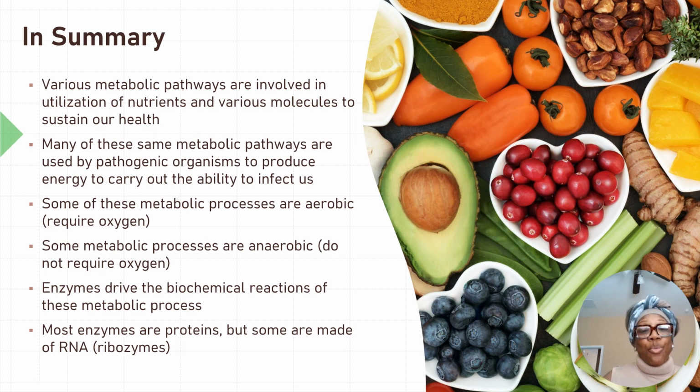Some of them are anaerobic, they do not require oxygen, as we saw in fermentation. Enzymes drive the biochemical reactions of these metabolic processes forward, and we remember that whole enzyme substrate specificity when we talk about enzymes. Most enzymes are proteins, but there are some that are made of RNA called ribozymes.